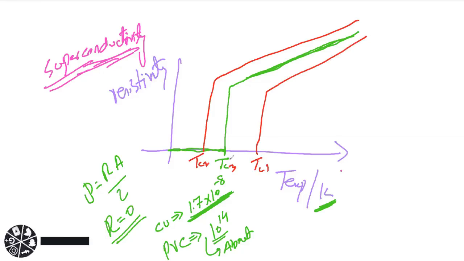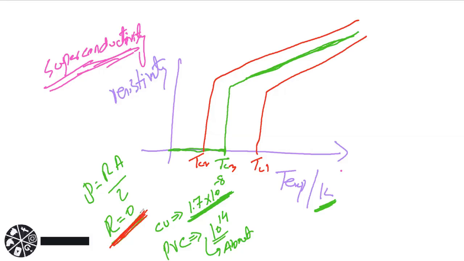It must be very expensive to find superconductors, because not many materials have this property.